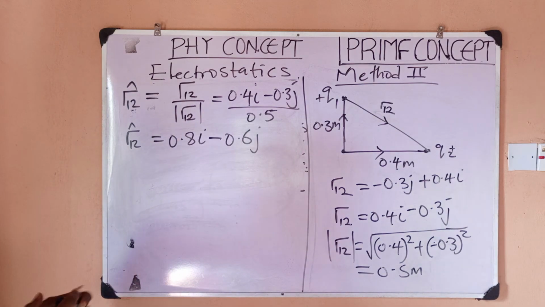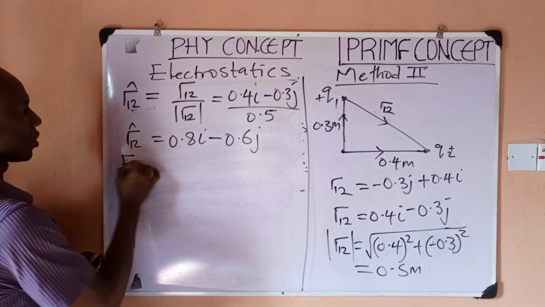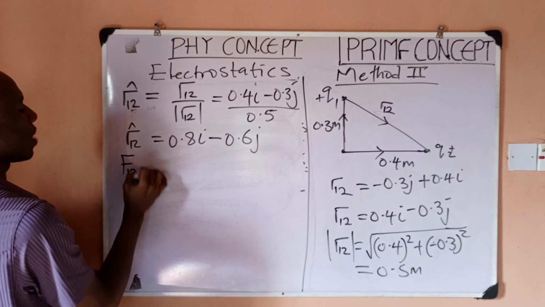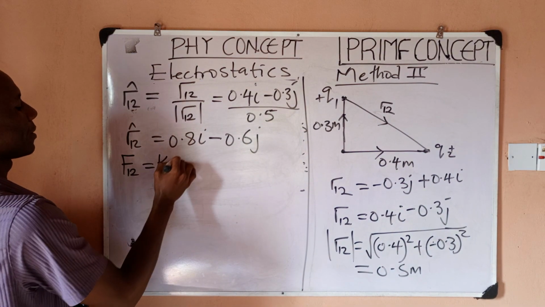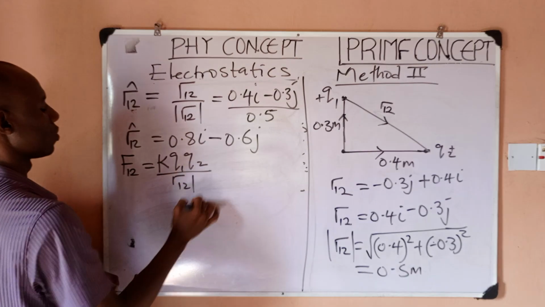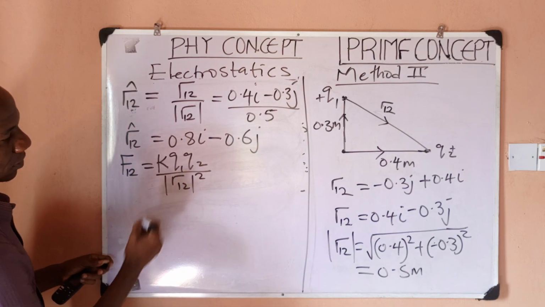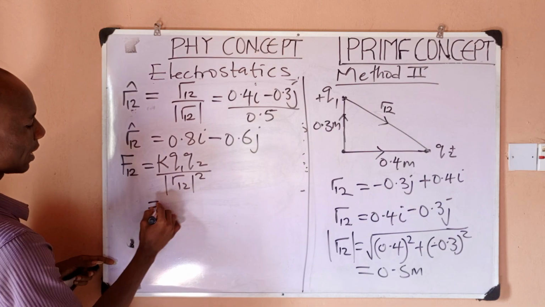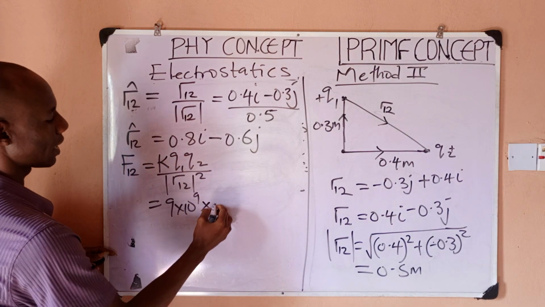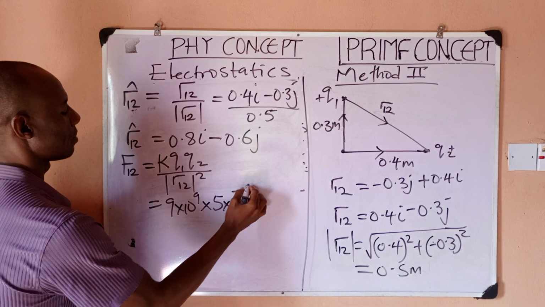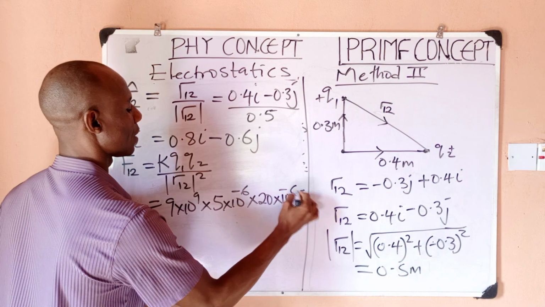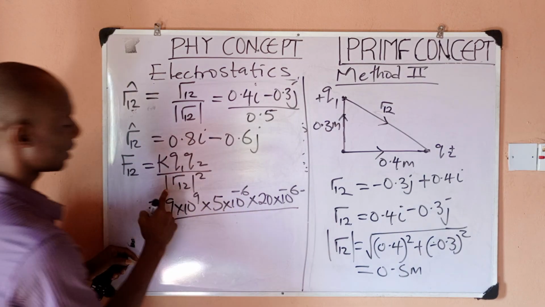The next thing I want to get is the force that Q1 would exert on Q2. I would call it F12, which is going to be K Q1 Q2 over R12 squared. What do I have here? K is 9 times 10 to the power 9, Q1 is 5 times 10 to the power minus 6, Q2 is 20 times 10 to the power minus 6, divided by R12.